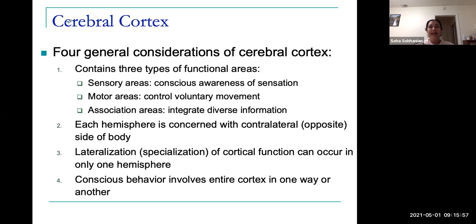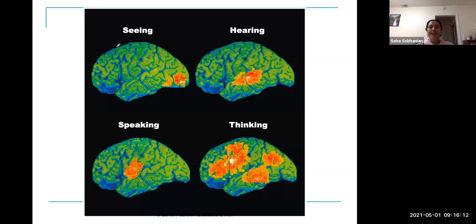And then lastly, if you look at the cerebral cortex as a whole, you have conscious behavior. That entire cortex is going to be involved one way or another. So what I meant by that is the picture I showed you earlier. We'll see that in a few slides as well. If I'm talking about my sense of vision, guys, the part of the brain that is going to be mostly active, so it's going to do the majority of the work, is going to be your occipital lobe here.